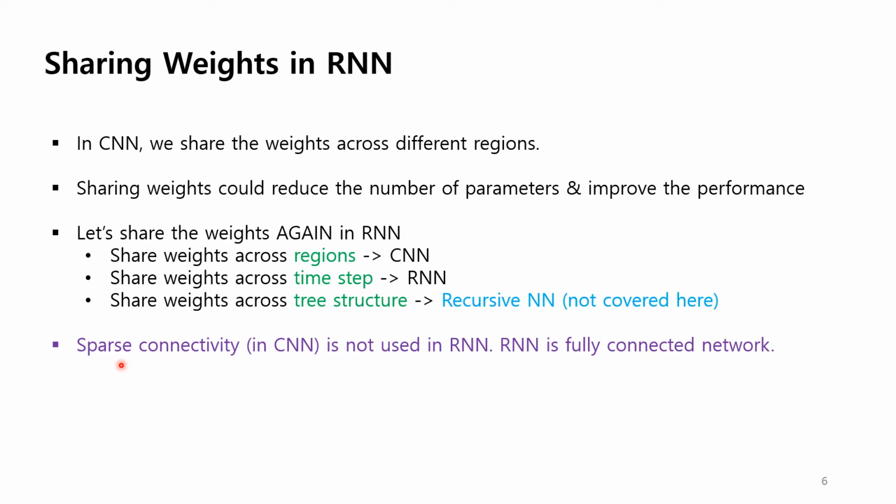But RNN uses the weight sharing technique, but it doesn't use sparse connectivity or local connectivity. So in RNN, the connection is fully connected, just like in a traditional neural net, and there is no pooling layer.